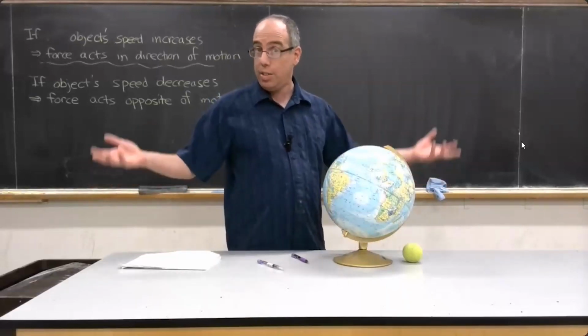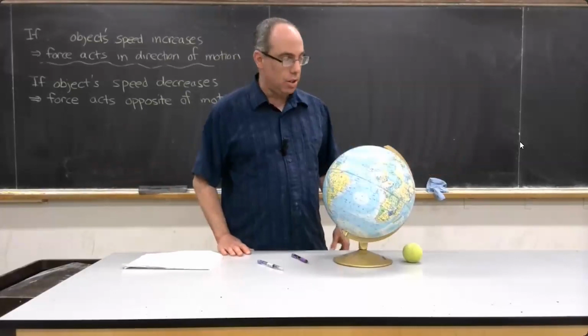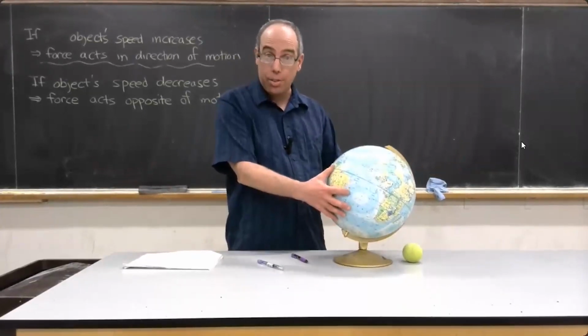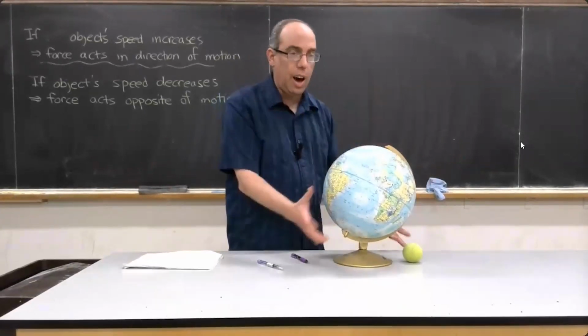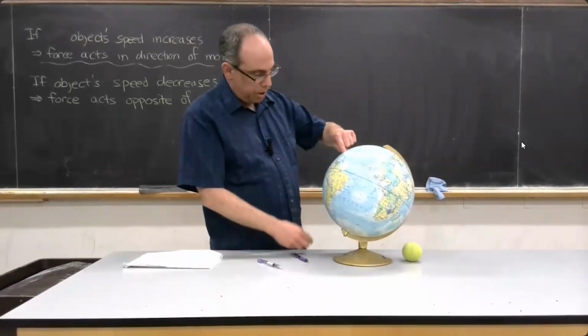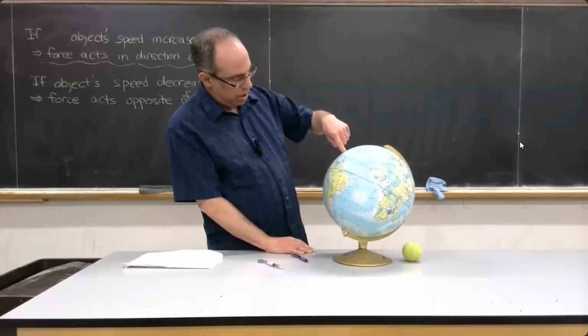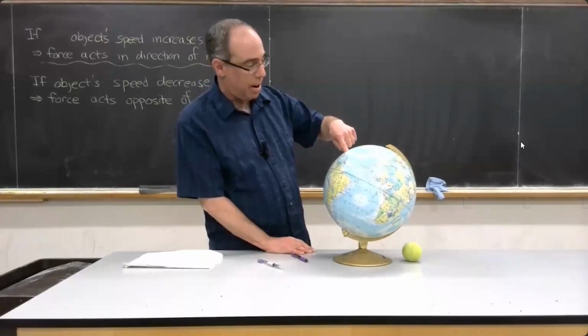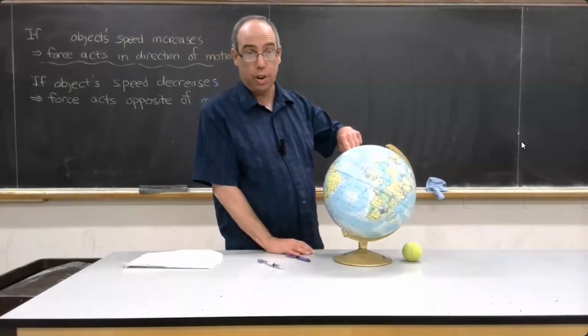What could be the thing exerting that force? Could it be the entire Earth? Right? So any object in the vicinity of the Earth experiences a force exerted on it by the entire Earth directed towards the center of the Earth.